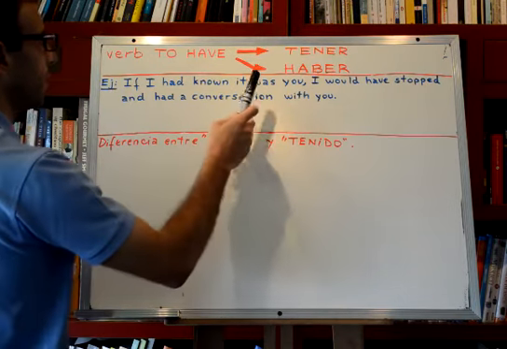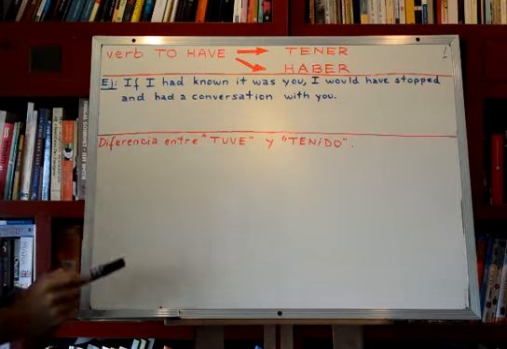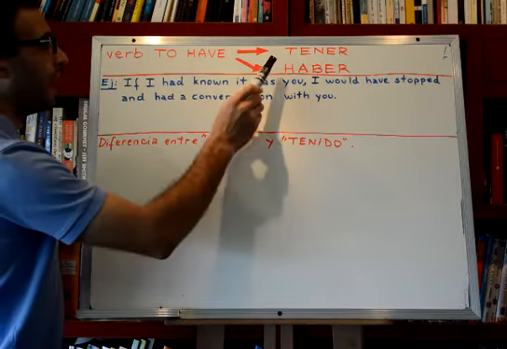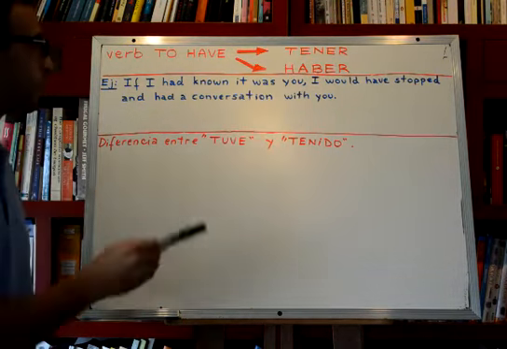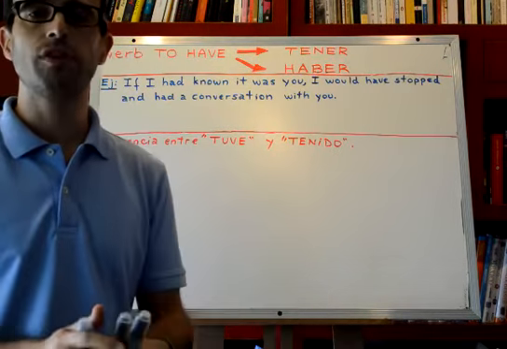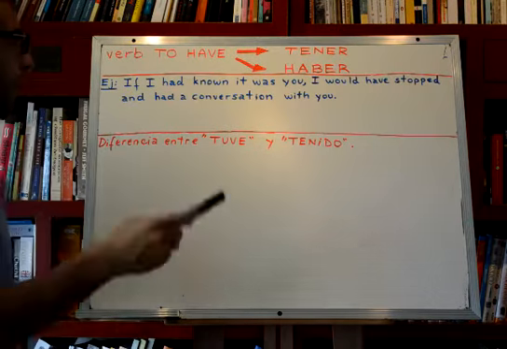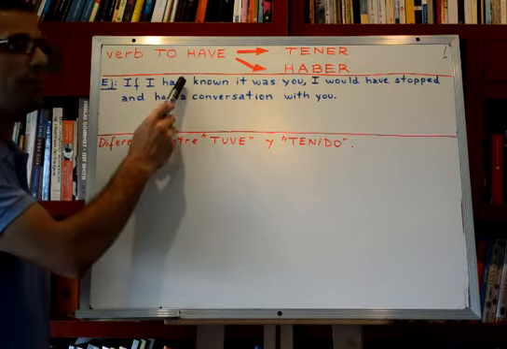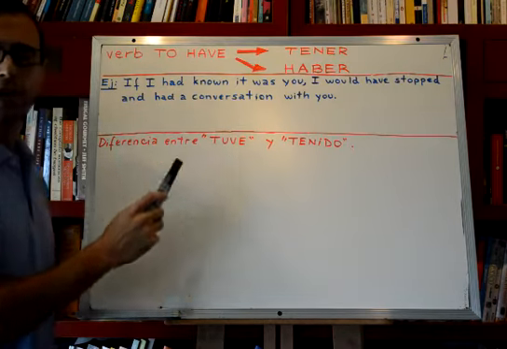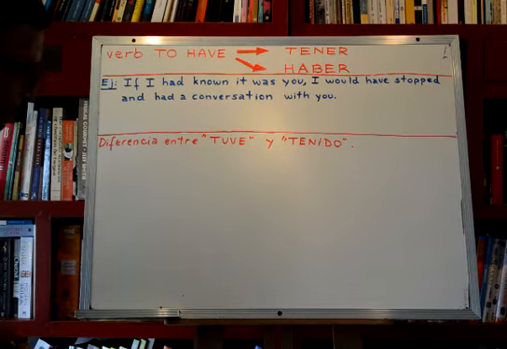So here, as you can see, the verb to have translates in Spanish as haber, because to have doesn't mean possession of anything, right? We are not speaking of having a car, having a house. To have is just an auxiliary verb for these conjugation tenses. So we have to use the verb haber.